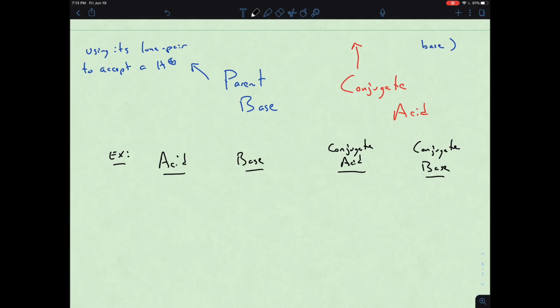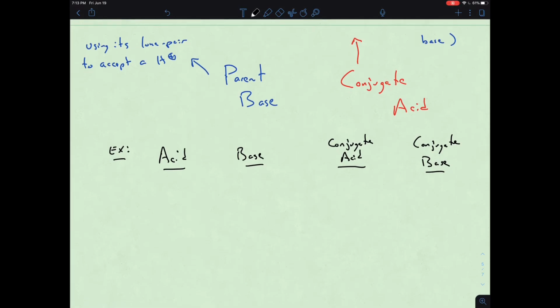So if we have a reaction with acetic acid, and it reacts with H2O, then H2O would be acting as the base. It's going to produce hydronium ion, which is resultant from the base, so we could call it the conjugate acid, but I tend to just use the word hydronium ion. And then we have the conjugate base, which is acetate.